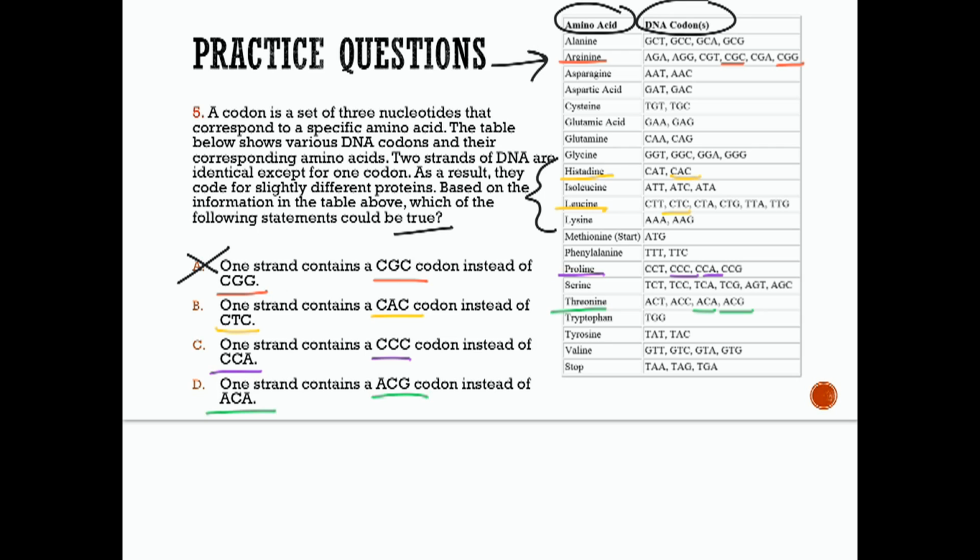Now, those actually code for different amino acids. So it's going to be B. If you go through and look at C, CCC and CCA code for the same amino acid, so that one would be fine. And ACG and ACA also code for the same amino acid, so that would be fine.